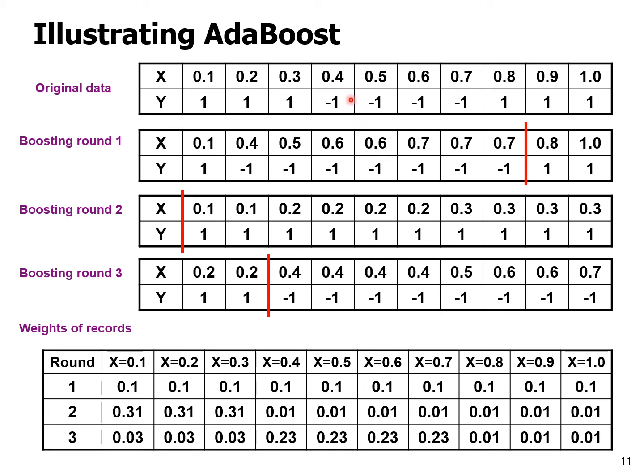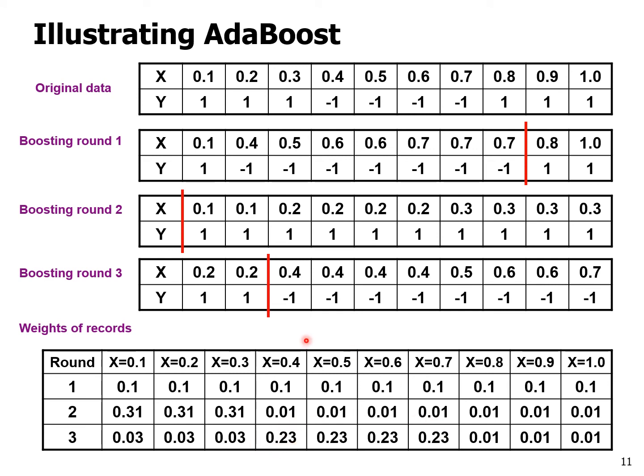So we have to increase the weight value of these 4, because this decision stump is wrong for these 4 data, right? So for these 4, the weight value has increased from 0.01 to 0.23, like this, okay?